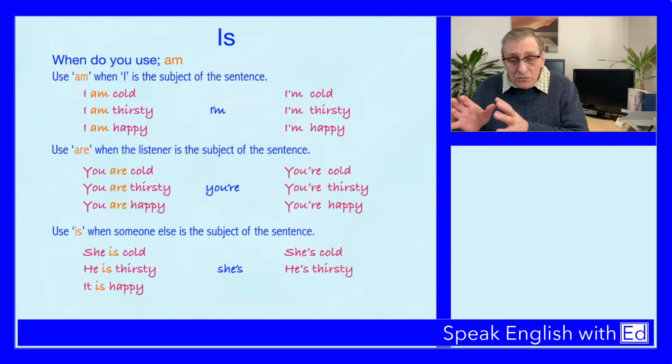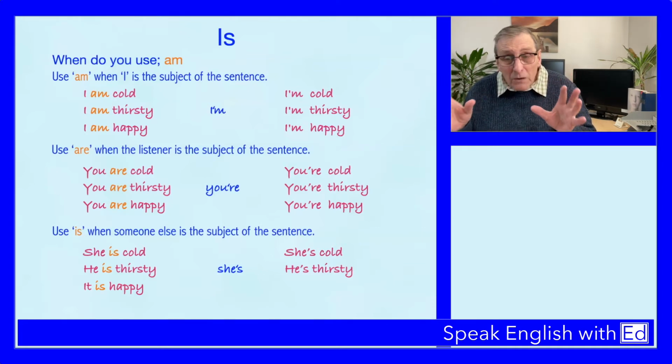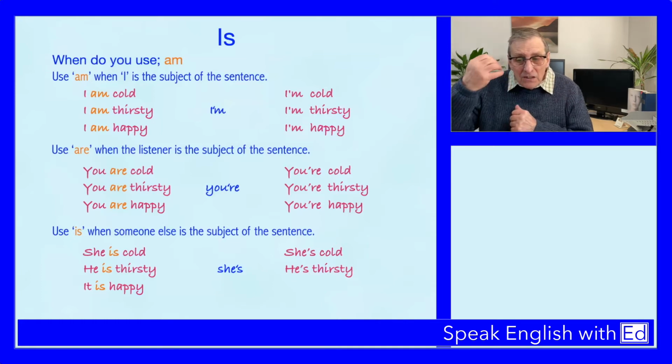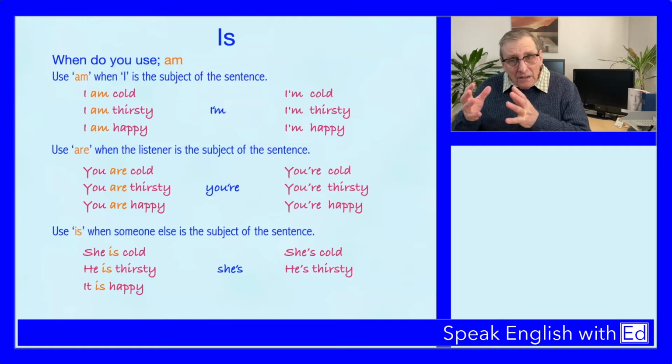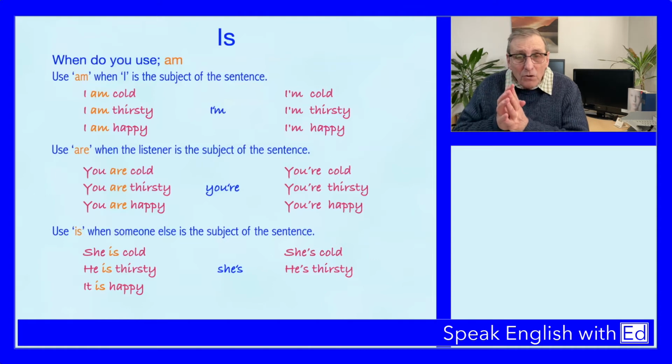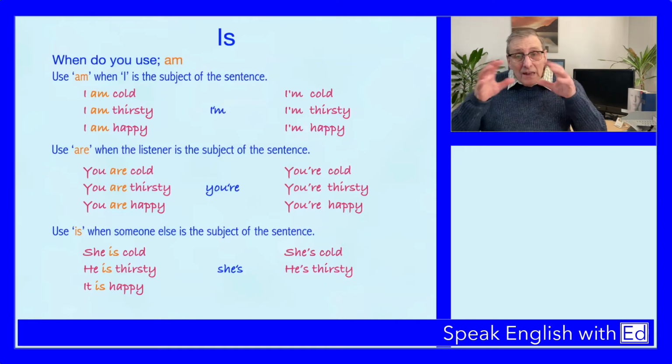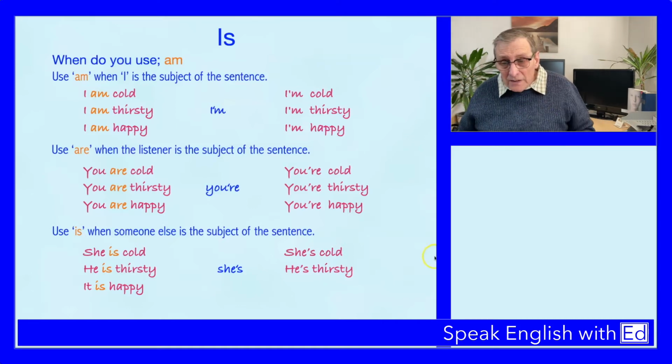You don't have to pick one at any particular time. You can use either. The contracted versions are probably more common in spoken English than they are in written English, but you can use both in either spoken or written English.